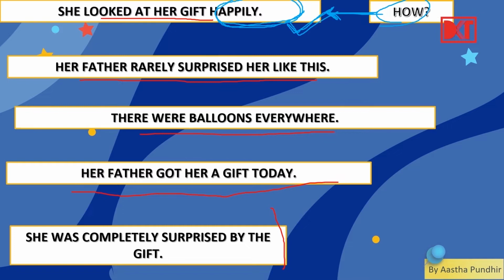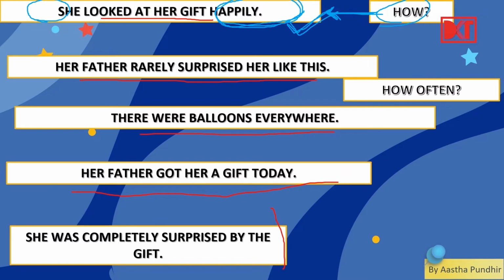Happily is describing the girl because she was looking at the gift happily. Okay? Now next, the second sentence, her father rarely surprised her like this. Here, the question being answered is how often. How often is being answered by which word? Rarely.